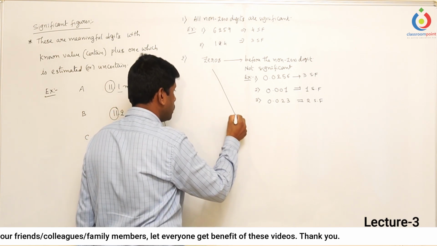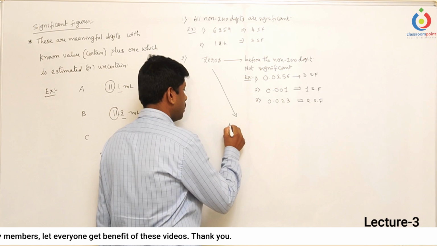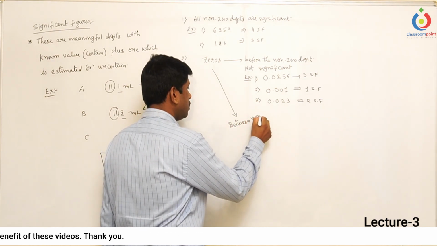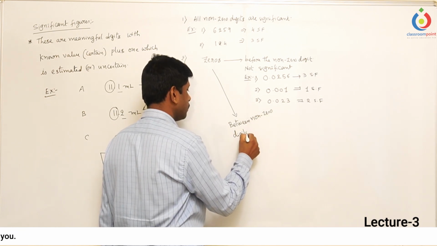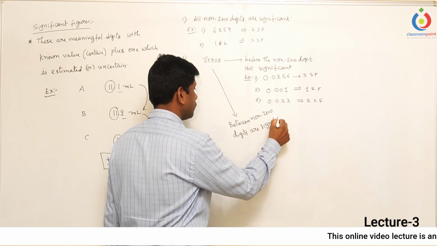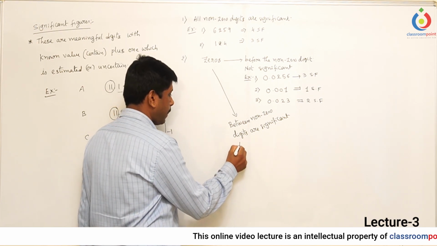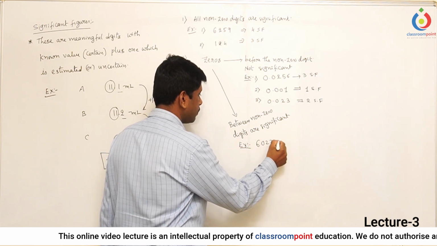Then what if zeros are coming between the non-zero digits? Zeros between non-zero digits are significant. Let us take an example here. 6023.